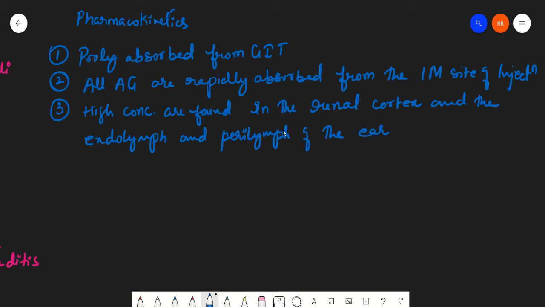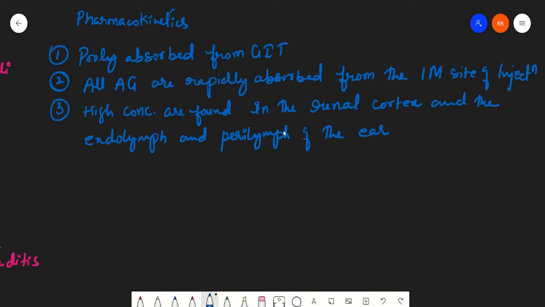So that's the reason why aminoglycosides will cause kidney problems, that is nephrotoxicity, and ototoxicity, a problem in your ear. Because it is found in high concentration in the renal cortex and the endolymph and perilymph of the ear, it will generally cause nephrotoxicity and ototoxicity.